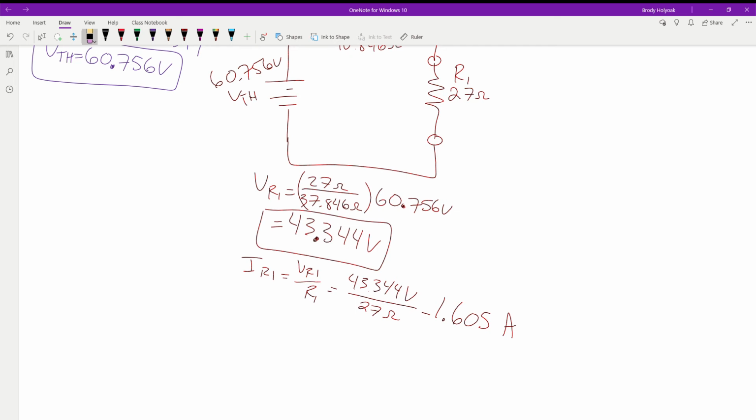Now, oops. So what we're going to do is take this value and put it back into our original circuit.